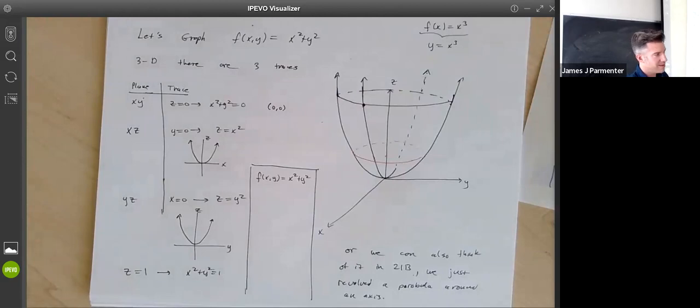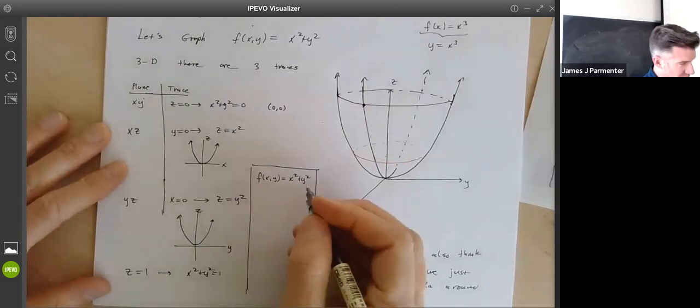So what's my domain? The thing I want to point out is that the domain isn't all real numbers, because we're not talking about a domain of a function of one variable. We're talking about a function of two variables. So the domain is not all real numbers, but all coordinate pairs where x or y can be any real number.